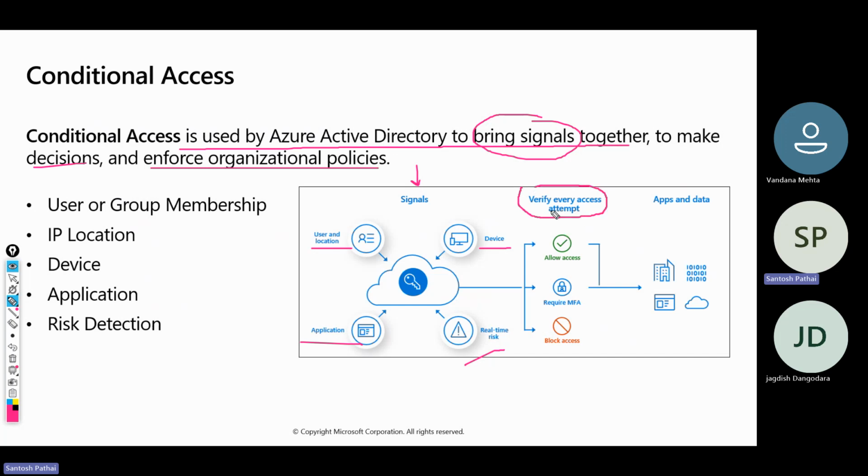Through a decision that verifies every access attempt: whether to allow access, require multi-factor authentication, or block access. Accordingly, the decision is taken by Azure, and finally they either have access to the data or not. It depends upon what environment they are using and what signals they have triggered.